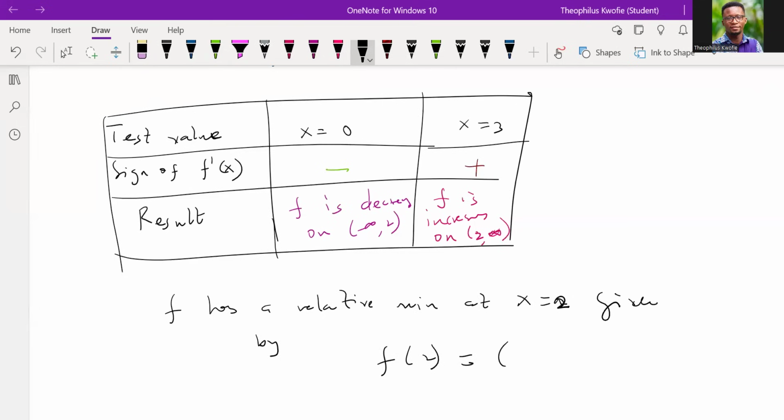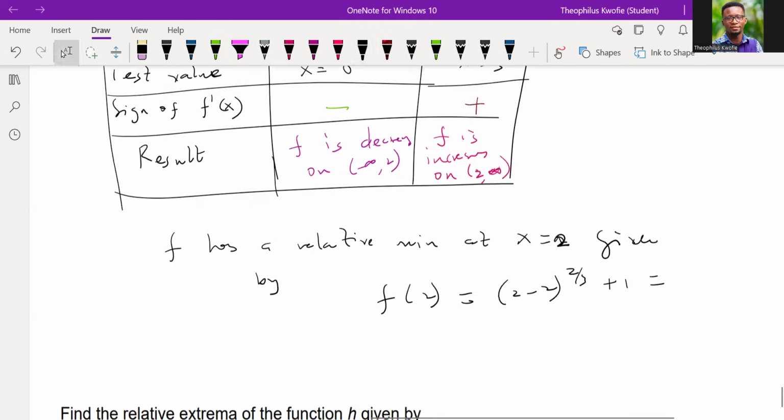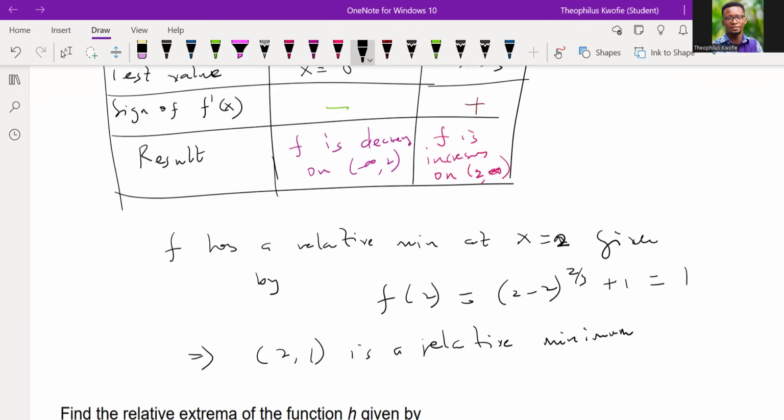You're going to have 2 minus 2 to the power that plus 1, and that should give us 1. So this implies that (2, 1) is a relative minimum. Very good. Good student. Please take note of that.